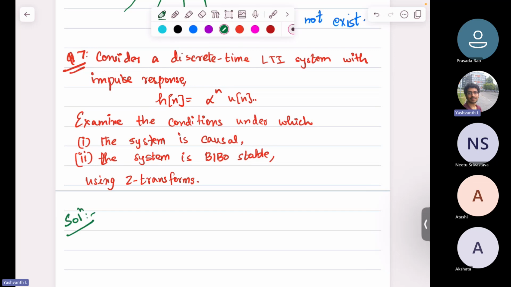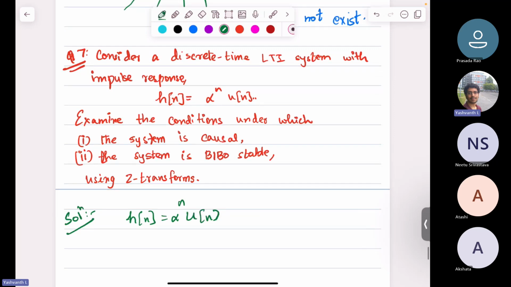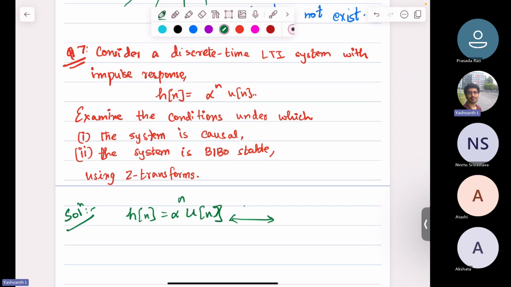Okay, so basically the impulse response is very simple. h of n equal to alpha power n into u of n, and we know that its z transform is nothing but z by z minus alpha, where mod z is greater than mod alpha.